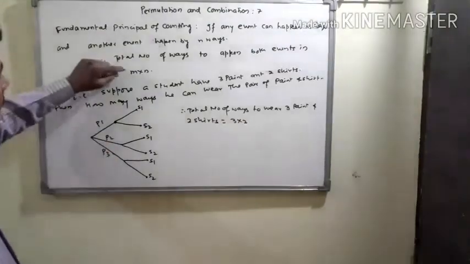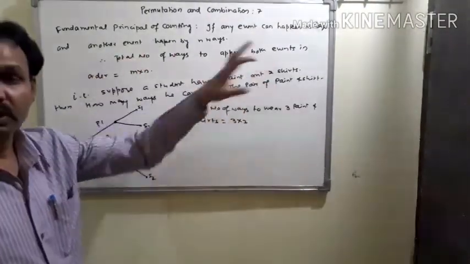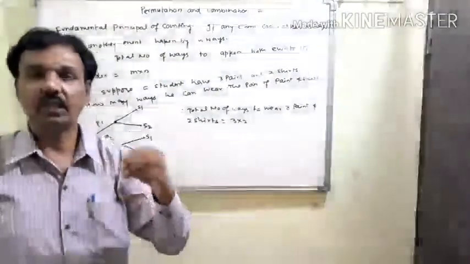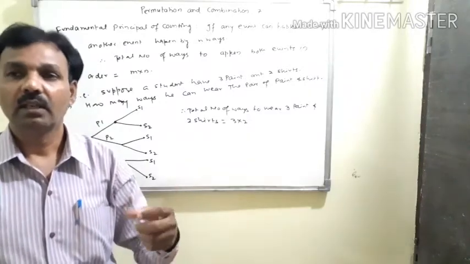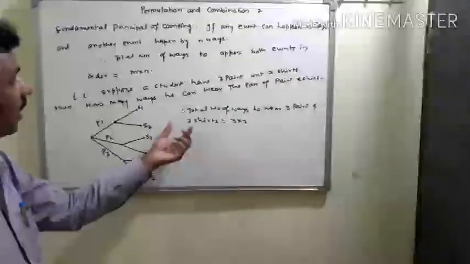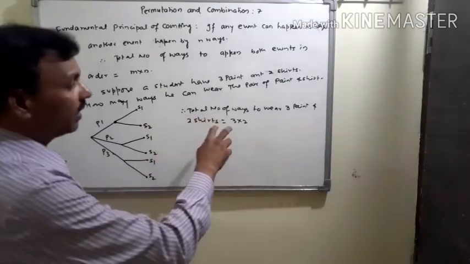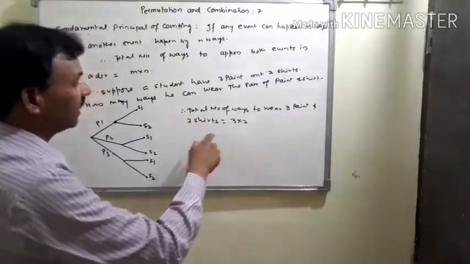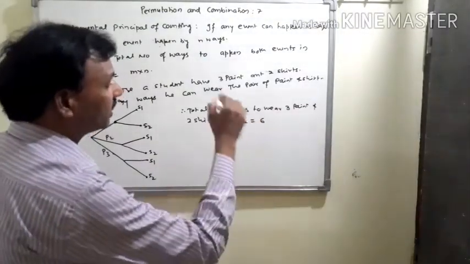Here m equals 3 and n equals 2. That means pants can be worn in 3 ways and shirts can be worn in 2 ways. Therefore, the total number of ways to wear a pair of 3 pants and 2 shirts is equal to 3 into 2 equals 6 ways.